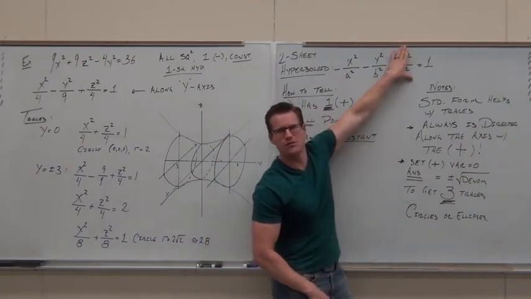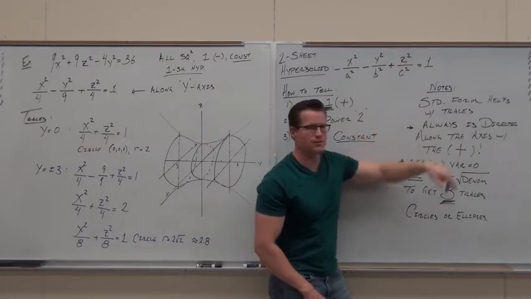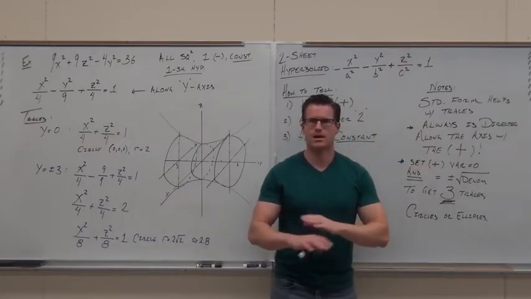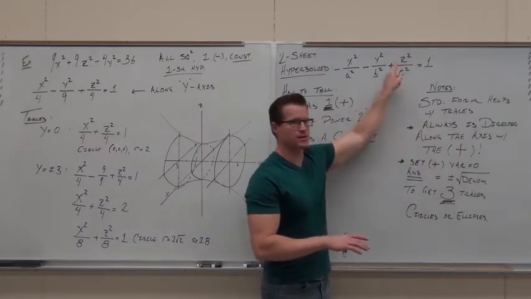Just consider it for a second. I get a negative minus a positive. Can that ever equal positive 1? It doesn't even exist. You can't even do that. So setting the positive variable equal to 0 does nothing. Do not set this equal to 0.